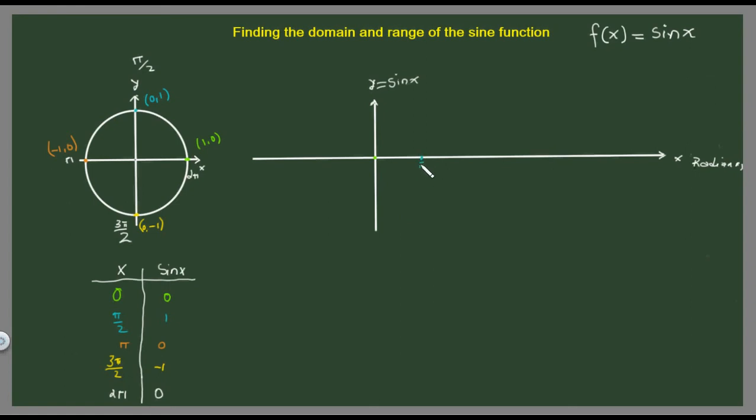Then we went to pi, and continued to 3 pi over 2, something like that, and then we continue to 2 pi, could be right here, for example.